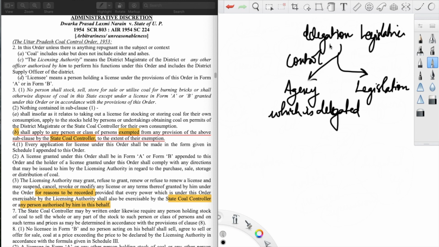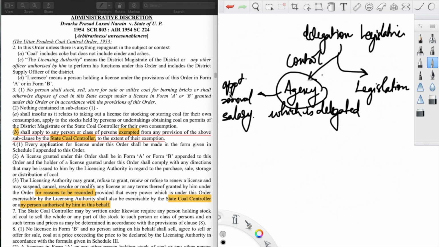So it was learned that it is not only enough that the agency is regulated, but it is also required that the legislation is also regulated by the central legislation. Now, in regulation of agency, I had earlier discussed, for example, appointment, removal, salary of the officers who are to become the members of the subordinate authority.